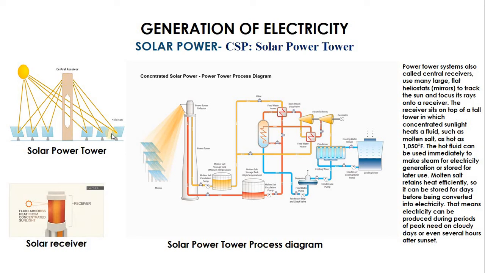There can be hundreds of them, all reflecting the heat from the sun onto the receiver. So the receiver now becomes very hot, and we have the piping system running up into the receiver and then coming out. Once it runs up into the receiver, it is heated. So your working fluid, whether it's molten salt or oil, is sent up into the receiver.